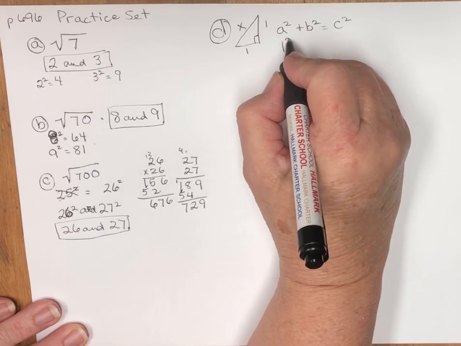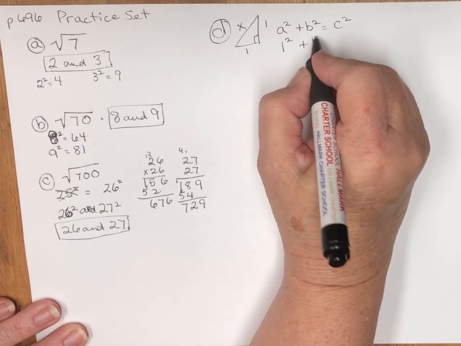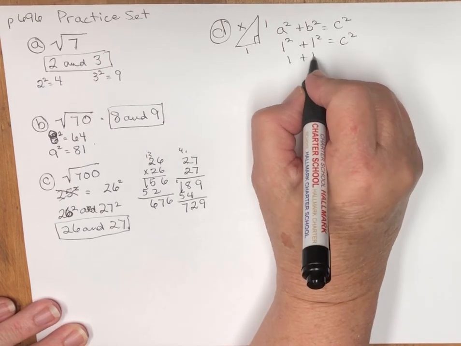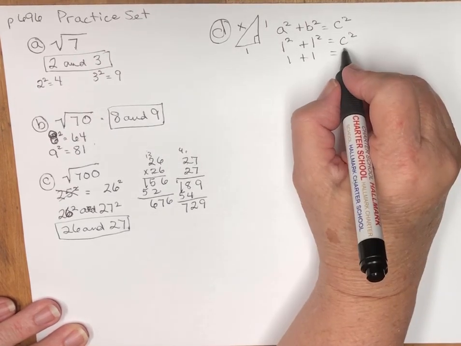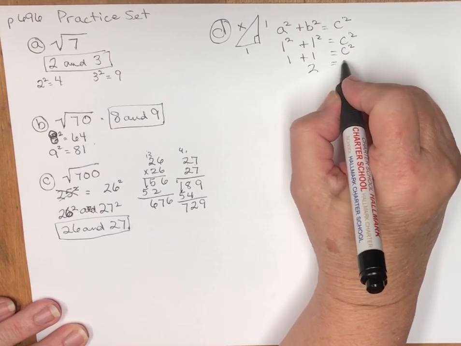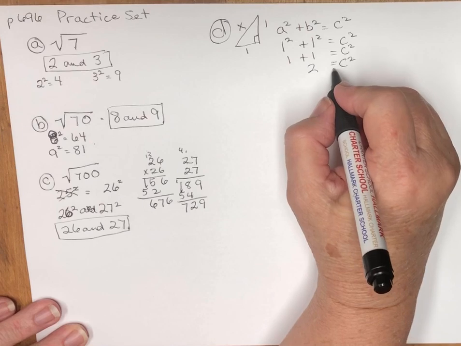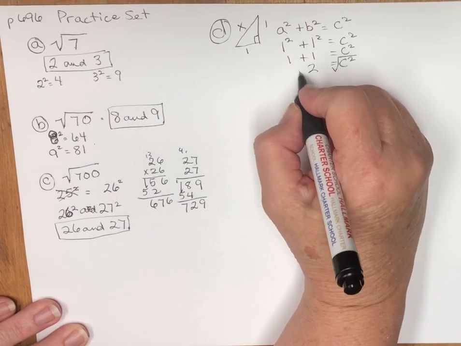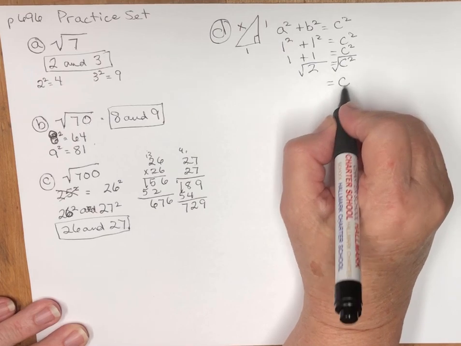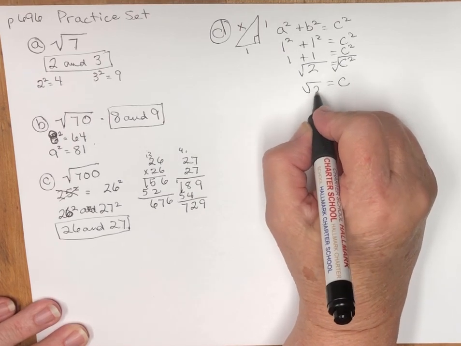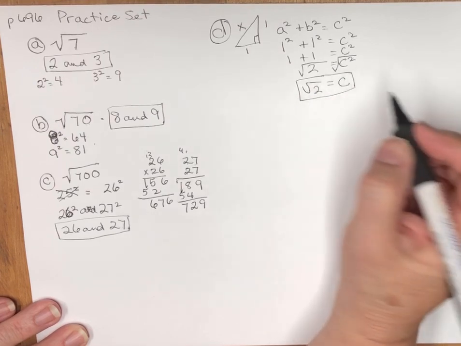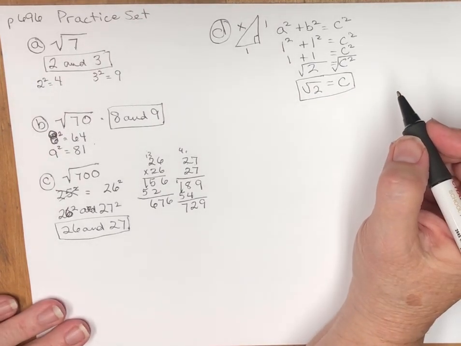So this is going to be 1 squared plus 1 squared equals c squared. So 1 plus 1 equals c squared. So 2 equals c squared. And to be able to make it out, I have to take the square root of both sides. So c is going to equal the square root of 2. And that is going to be my solution.